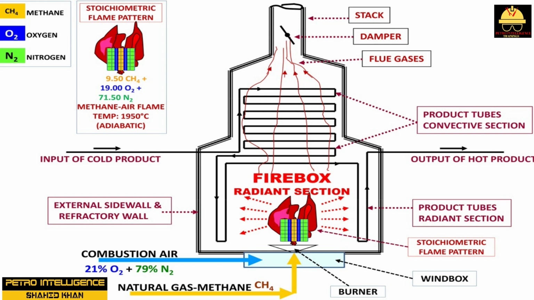Temperatures inside the firebox range from 1,600 to 2,000 degrees Fahrenheit or 871 to 1,093 degrees Celsius. Furnace pressures usually run below atmospheric pressure in the range of 0.4 to 0.6 inches of H2O draft, negative pressure, at the bottom of the furnace.